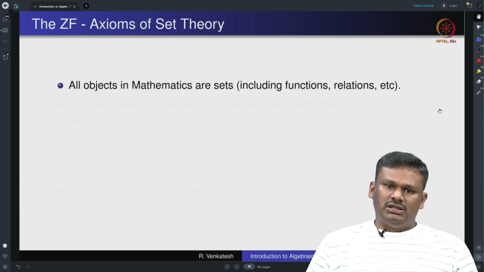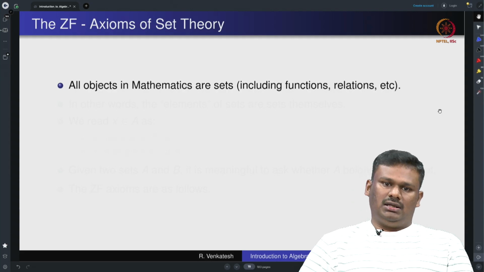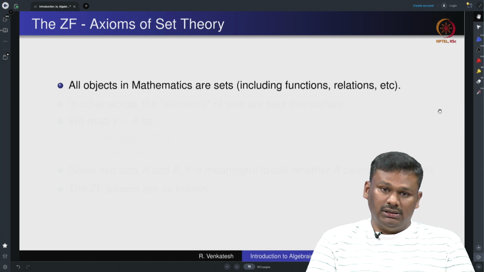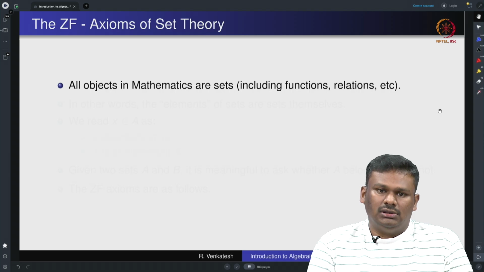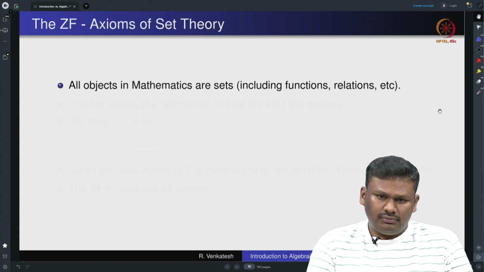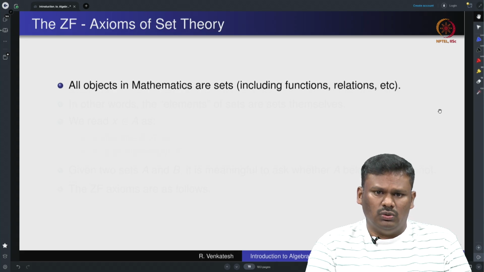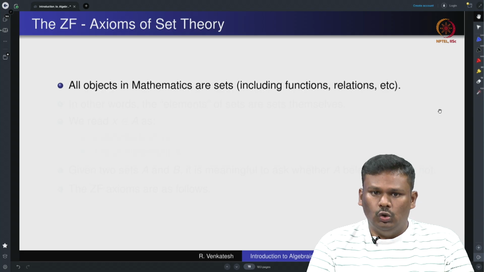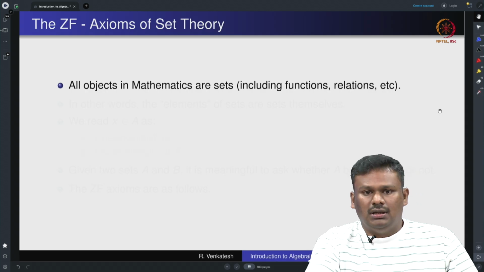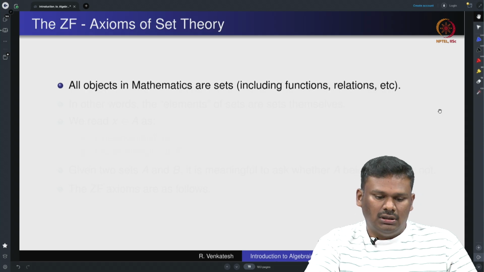That means whatever you see in mathematics, the numbers or any objects that you are actually going to work with, for example functions, relations, groups, rings, all of them are sets. Even functions are sets. That is the interpretation that one should be comfortable with.